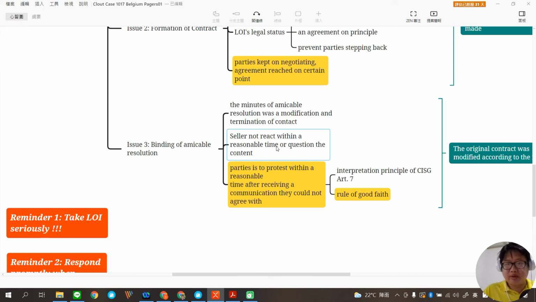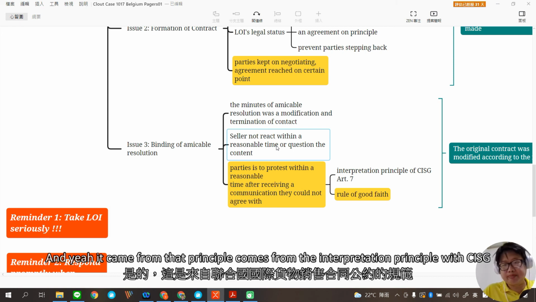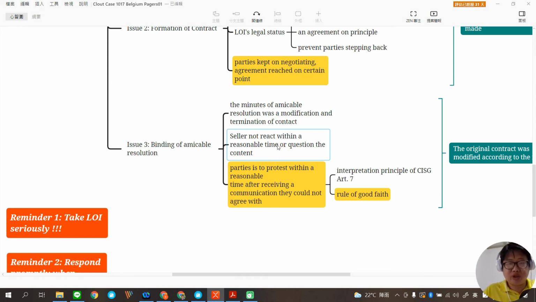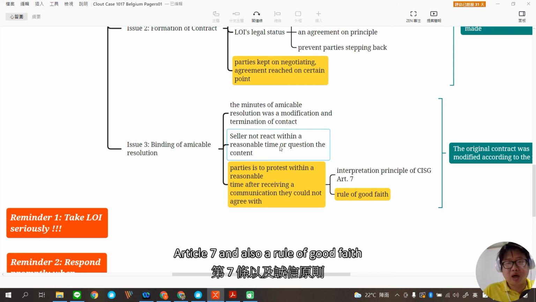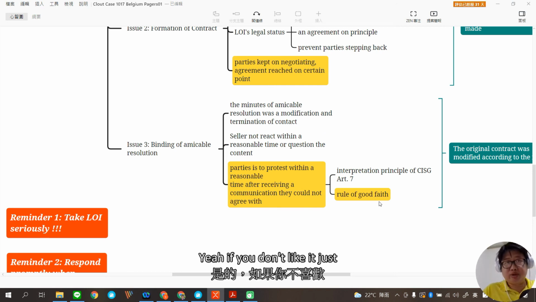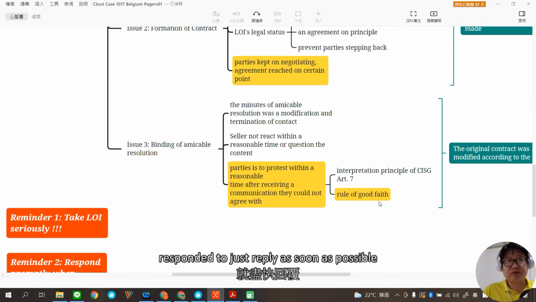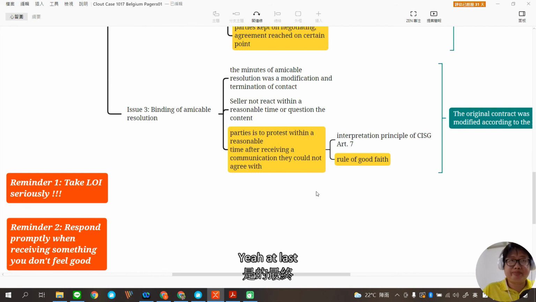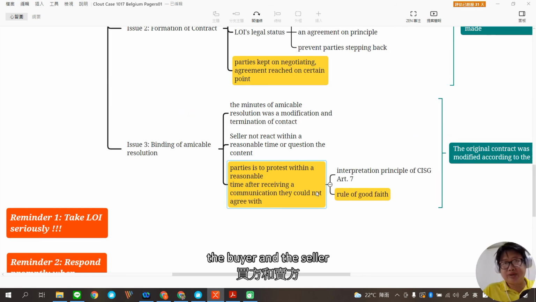That principle comes from the interpretation principle of CISG Article 7 and also the rule of good faith. If you don't like it, just respond, just reply as soon as possible. So at last, the buyer and the seller just won and lost the parts they feel reasonable.